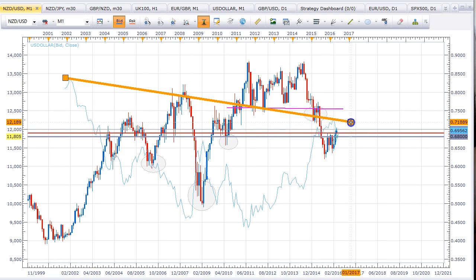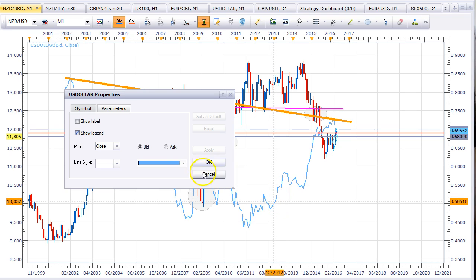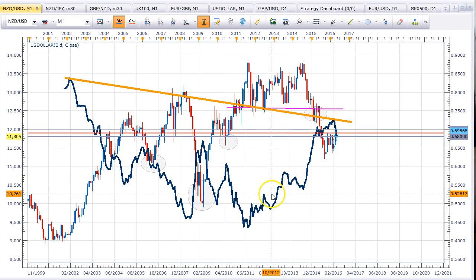And to make it more visible, I'm going to change the color of that into black, and make it thicker as well. That's the dollar now. Now you can see that this top and this top show that the dollar is bouncing off a long-term trend line and riding lower from there.